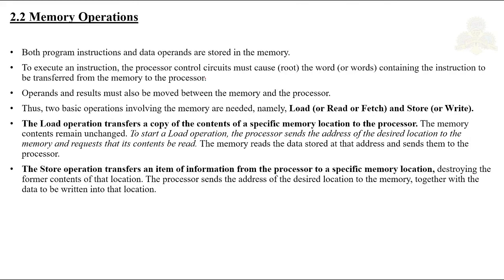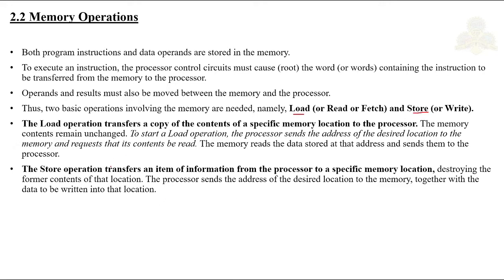Next we will see the memory operations. You already know that memory stores the programs, instructions, these things, right? And we have also seen the connection between the processor and the memory in our first chapter. There are two basic operations involved in the memory, that is load and store.